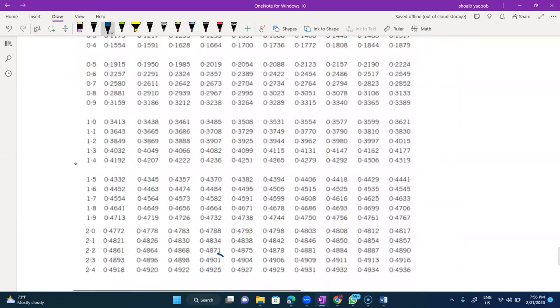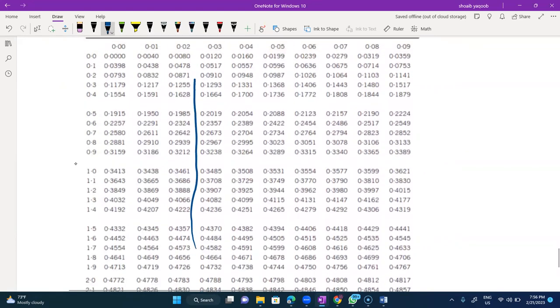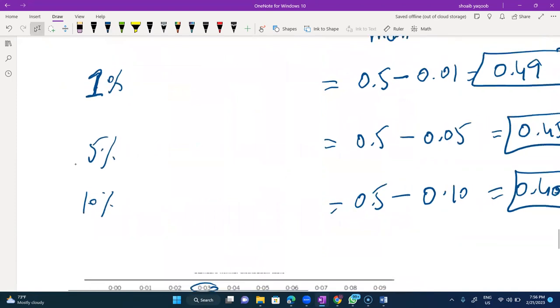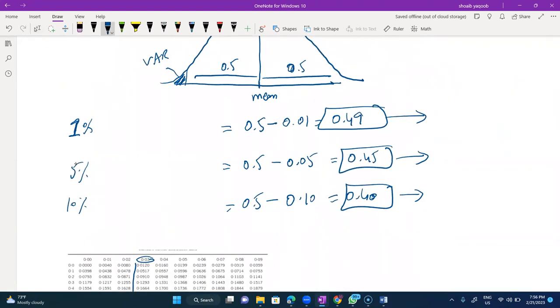This is approximately 0.49. So read 2.3 and go here, 0.03. It will be 2.33. So at 1% the value is 2.33.